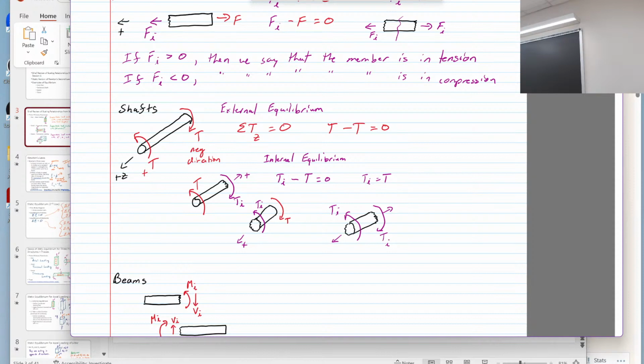Oh wait, no. Just here. If you cut it here, you have to have a force between the two and basically the forces. So you have it between here and the rest of the side.